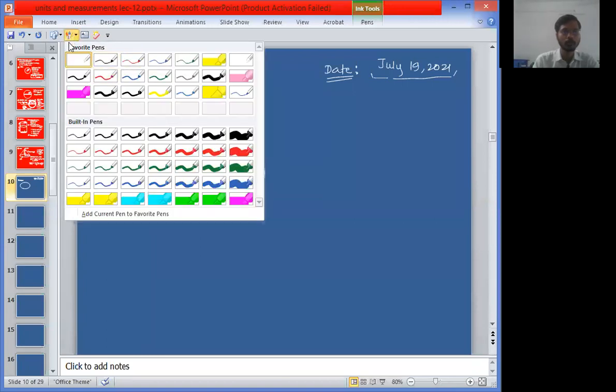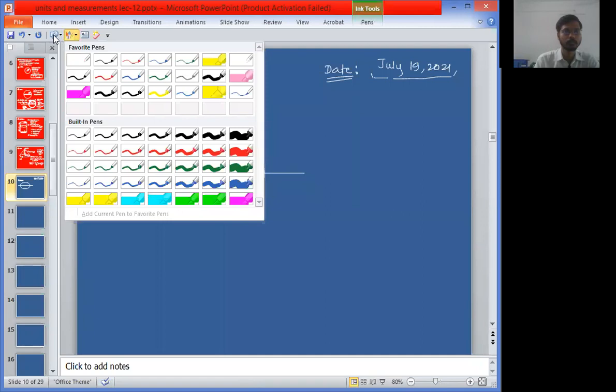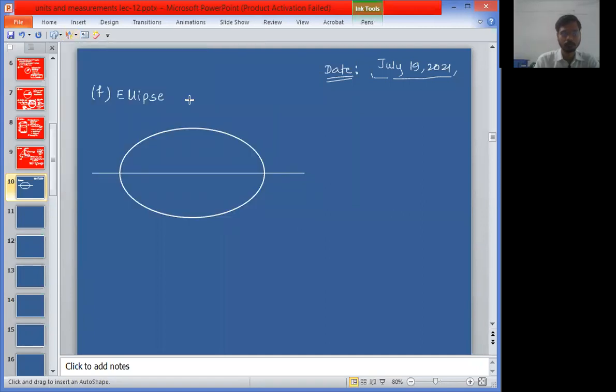Now let me draw the lines. Let me decide the center and the lines. You also draw along with me. Now this is called the center of the ellipse.